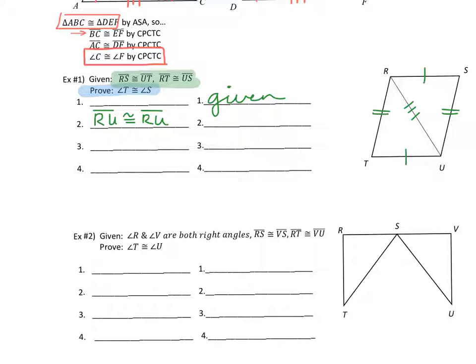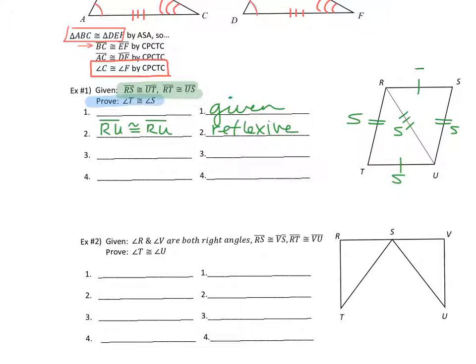How do we know that? It's reflexive. Okay, now look at your two triangles. What do you see? Side, side, side, right? This is S, S, and S, S, S, and S. So you have side, side, side. What do we say is true by side, side, side?